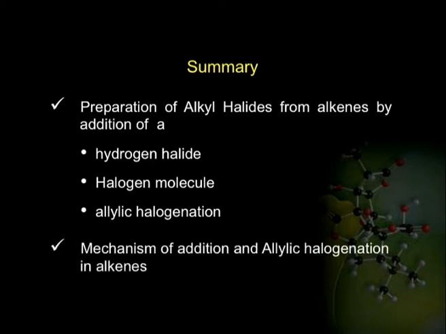The mechanism shows that hydrogen halide adds by a free radical mechanism, whereas halogen molecule adds by electrophilic addition mechanism. The allylic halogenation is also following the free radical mechanism, for which we need a molecule which can initiate the formation of radicals. So, this was all about the preparation of alkyl halides using alkanes, alkenes and alcohols.